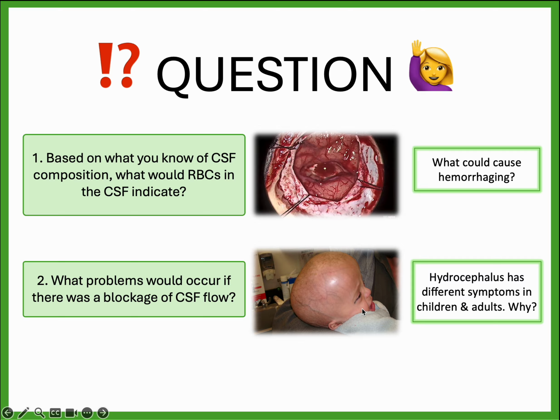In adults, though, those bones are fused, and when you have an accumulation of CSF expanding the ventricles because of a blockage, that will press down against the brain and it'll cause really big damage to the brain if it keeps accumulating.